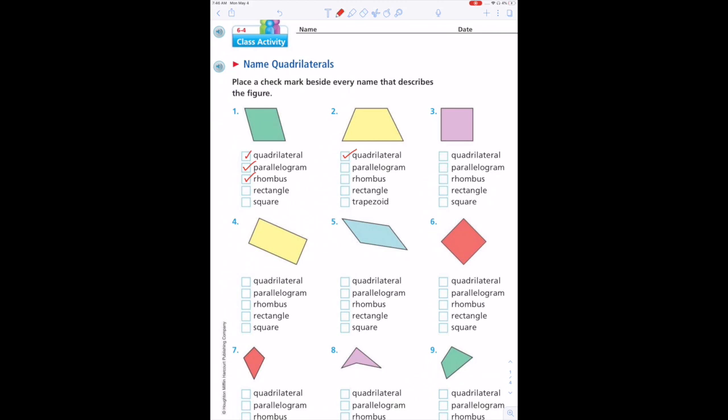If it's not a parallelogram, it can't be a rhombus. And if it's not a parallelogram, it can't be a rectangle. But when we have a quadrilateral and we have one set of parallel lines, this one and this one, that's when we get what we call a trapezoid.